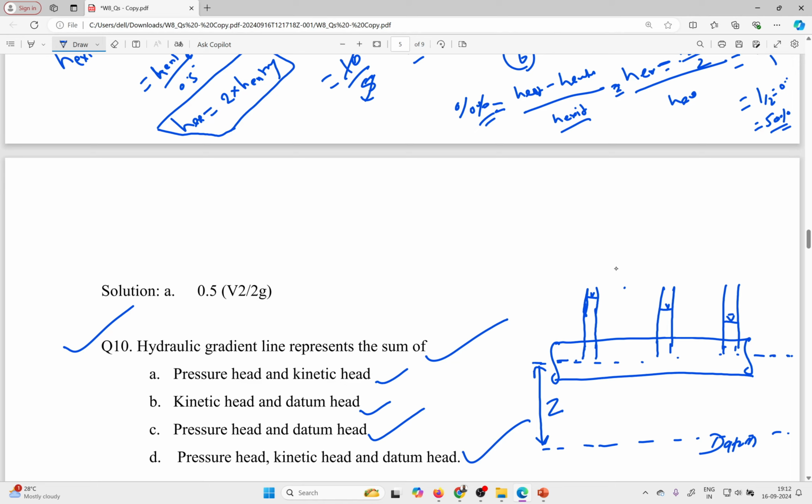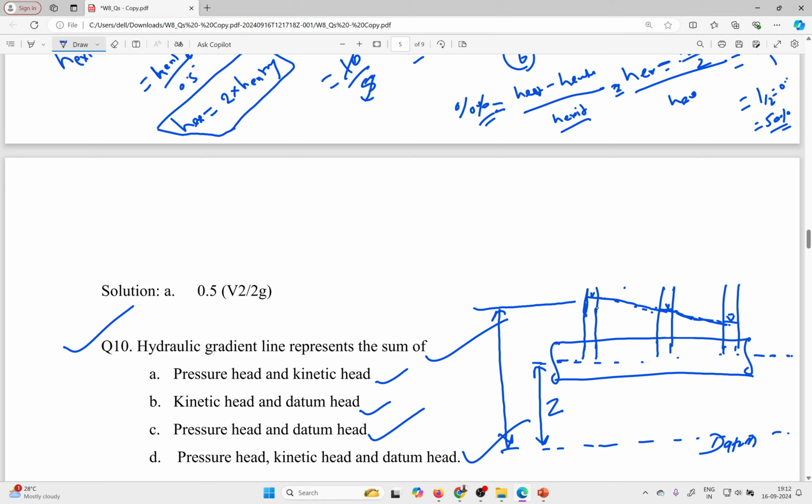So the distance from your bottom, that is your datum, to that line will follow a falling trend in the lengthwise direction, because of the energy loss due to the friction of the pipe.